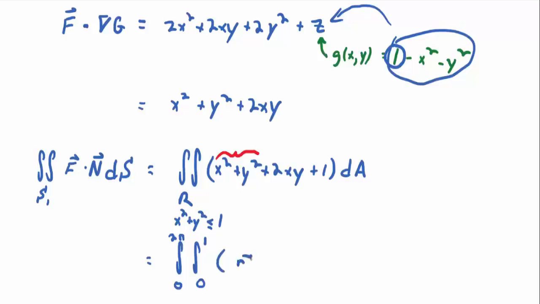r squared, and then plus 2xy. Okay, x is r cosine theta, y is r sine theta, so you're going to have an r squared there, right? And then cosine theta, sine theta. And then you do have that plus 1 there. Okay, what is the area element when you switch to polar? r dr d theta.